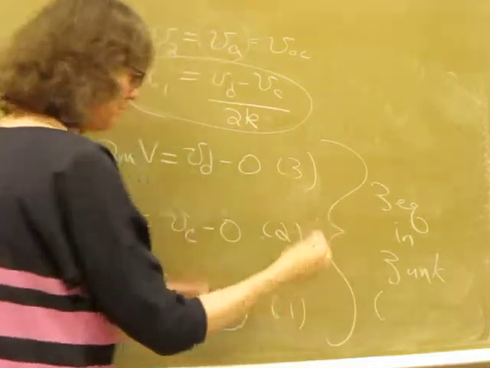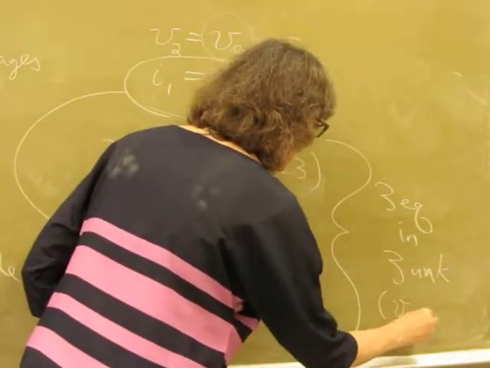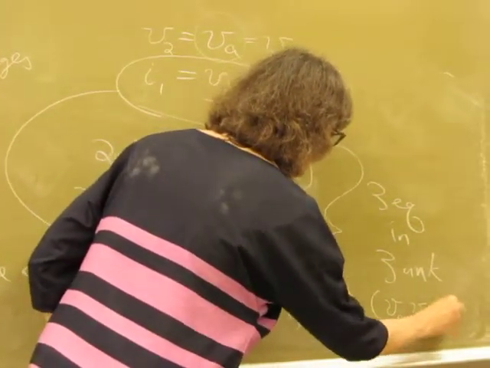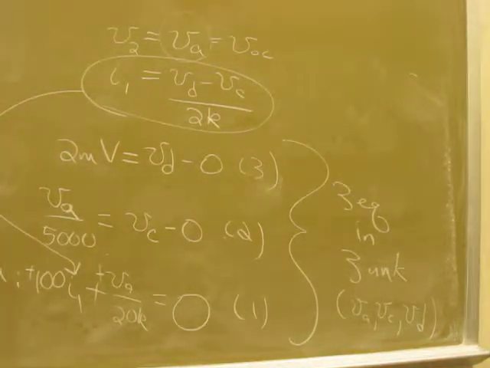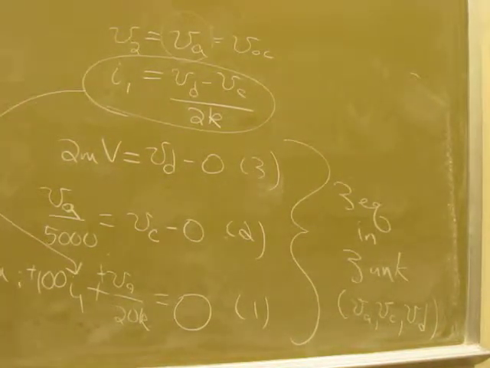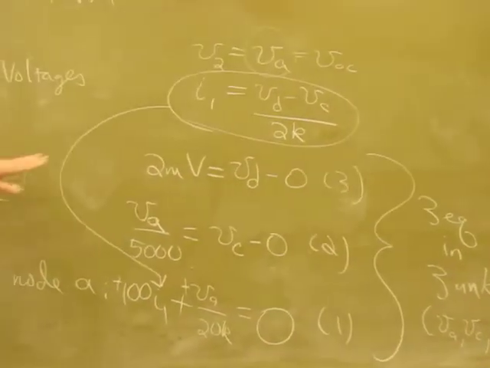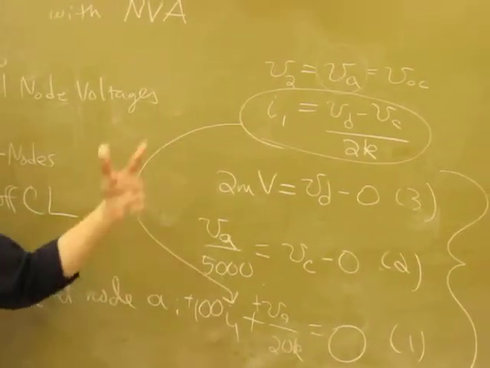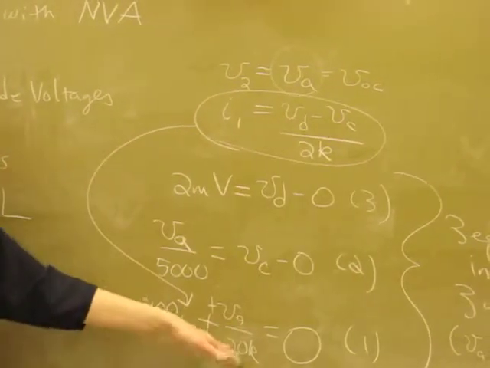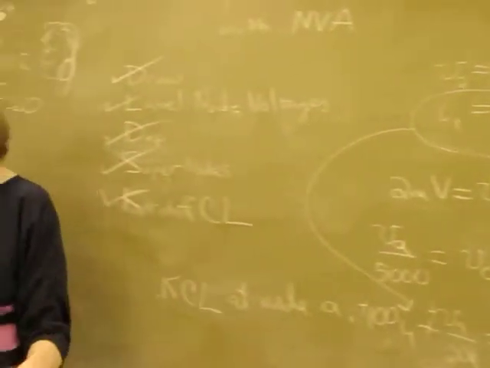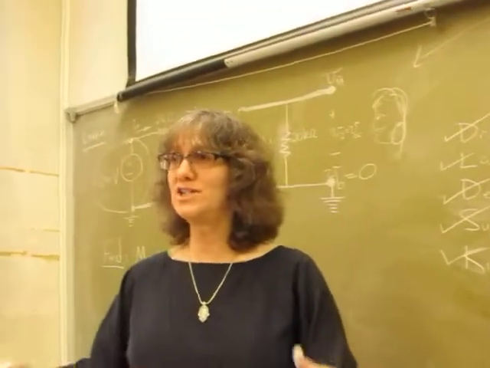And just to be clear, the unknowns are VA, VC, and VD. Pardon? Yeah, VD is not even an unknown. But you need VD anyway. You've got the right number of unknowns, the right number of equations.